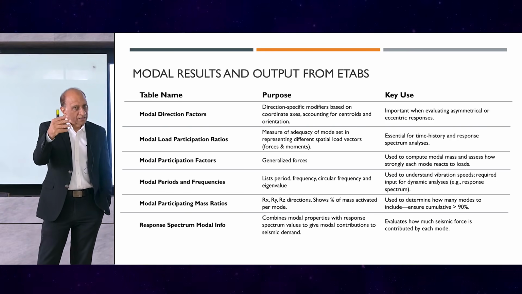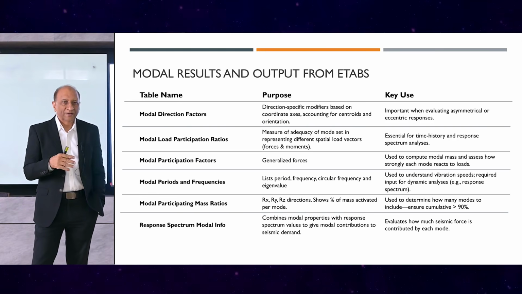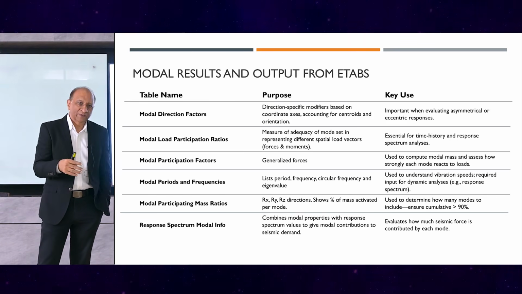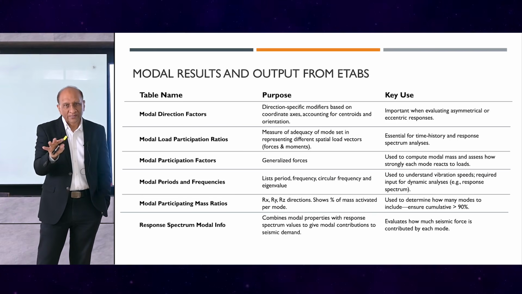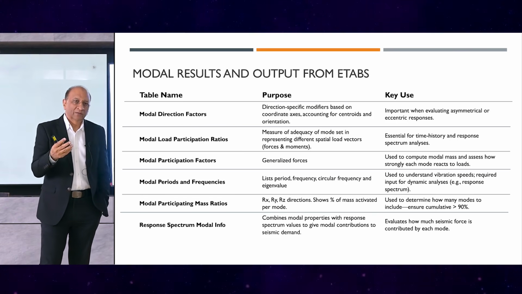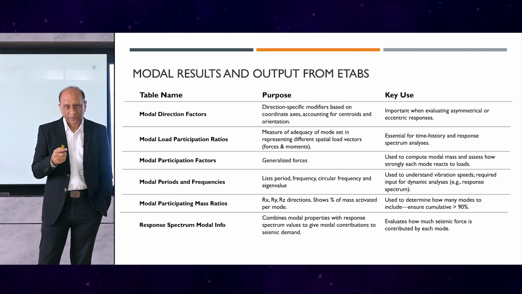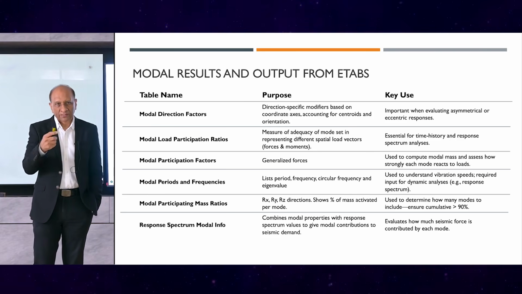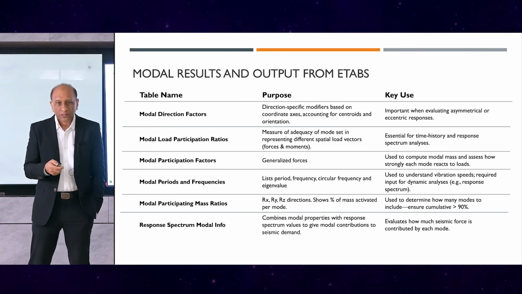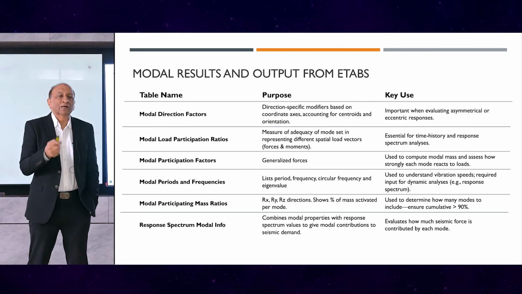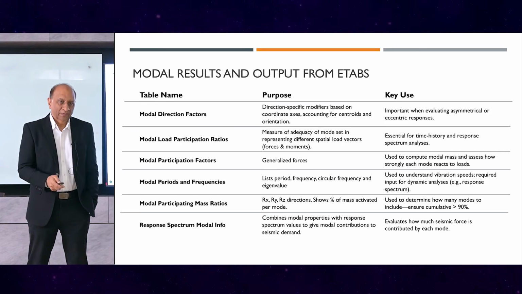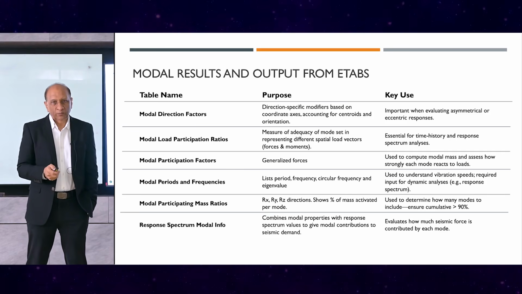From this data, you can get the basic factors like natural period, frequency, participation factor, load participation factor, mass participation factor, and so on. On this slide, when you get the notes, you can go into the detail of the purpose of each of these analyses, and you can also read the documentation from ETABS. There's a lot of discussion about this there. So the point is that there's a lot of insight into the modal analysis alone before we go into the other analyses.